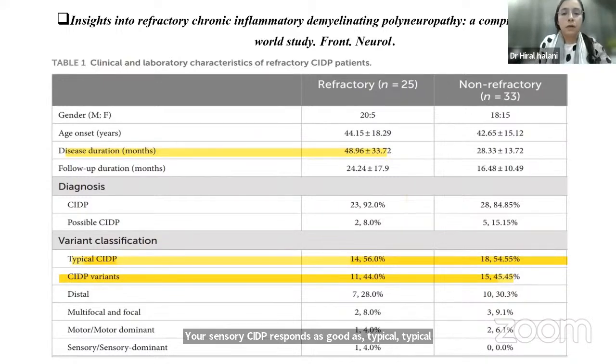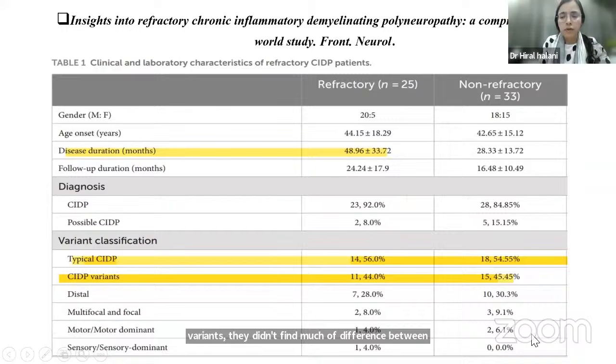And there was this study in Frontiers in Neurology in which they compared the characteristics of patients with refractory and non-refractory CIDP. Particularly the important thing to look at is that amongst the CIDP variants, they didn't find much of a difference between typical CIDP and atypical CIDPs in each group.